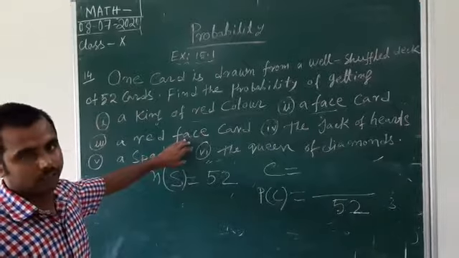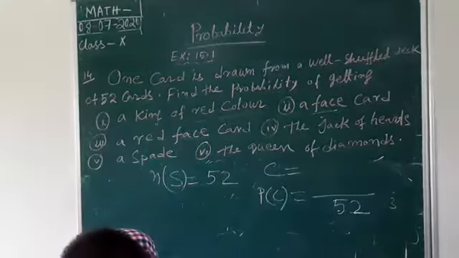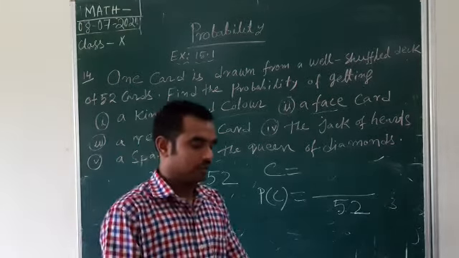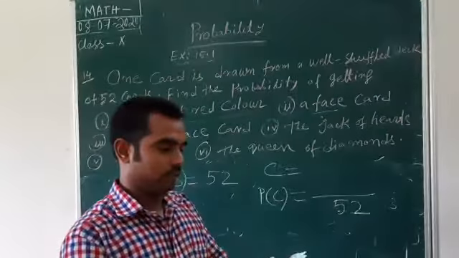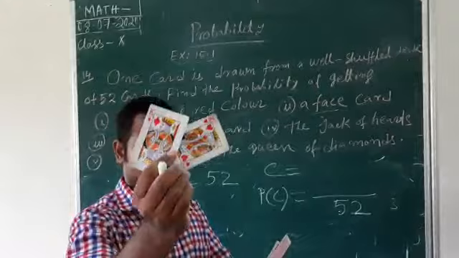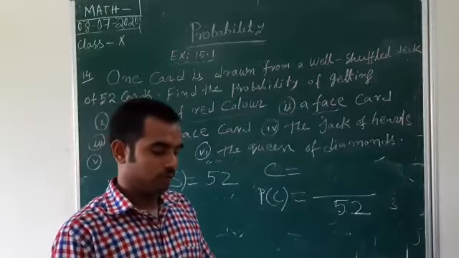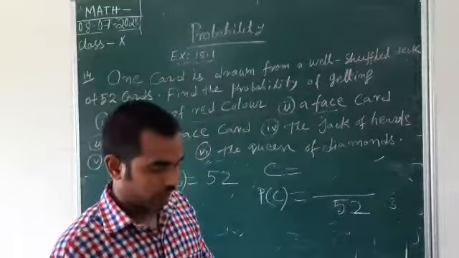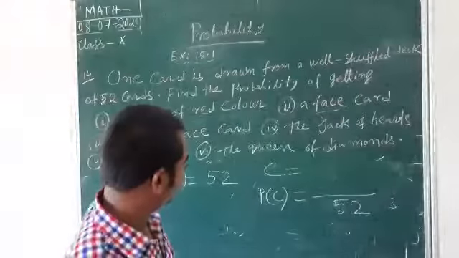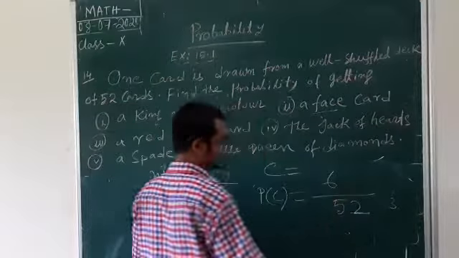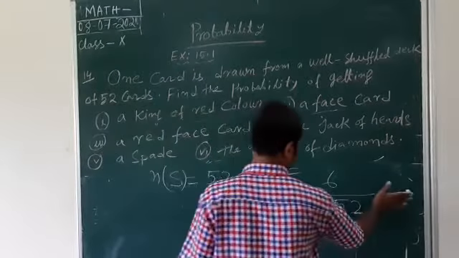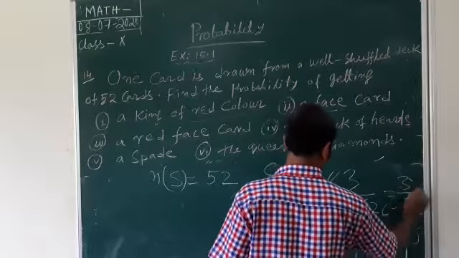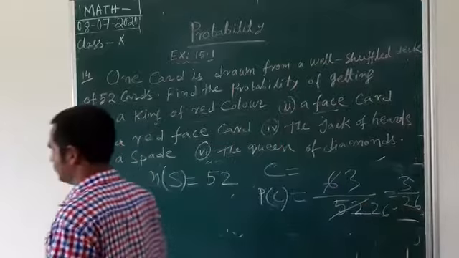How many red face cards? 3 face cards of red in each of two red suits: 2 kings, 2 queens and 2 jacks. So 6 face cards. 6 by 52 is 3 by 26. Here is the answer.